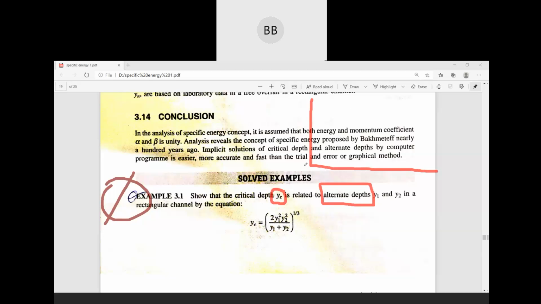If you consider the graph for a particular discharge, for any specific energy you will have two depths, one in supercritical and one in subcritical flow. These two depths are alternate depths, that is your y1 and y2. Alternate depths are depths which have the same specific energy.